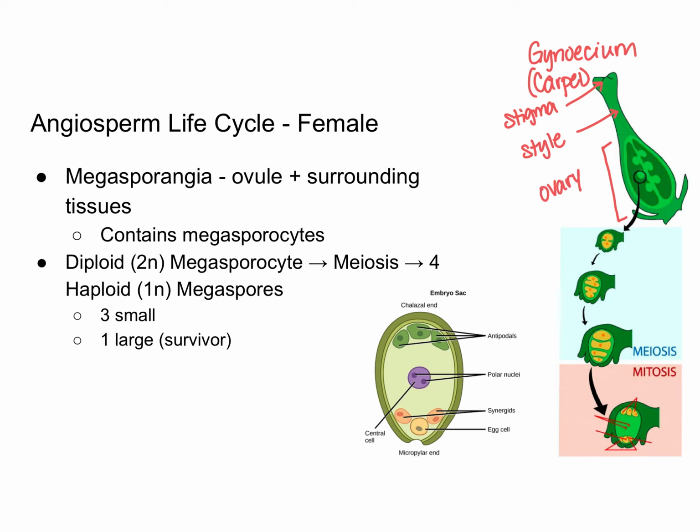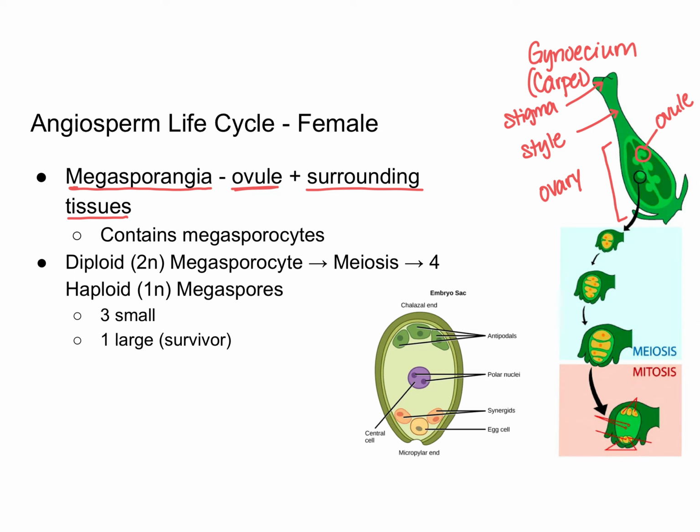And within the ovary, we have these ovules. And these ovules are the megasporangia. So a megasporangium consists of a single ovule plus some surrounding tissue. So technically it's the ovule plus some other stuff, but we're just going to refer to the ovule as the megasporangium.